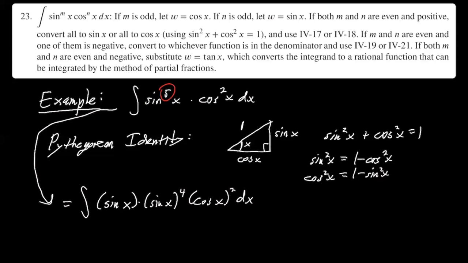And the idea is going to be that we can convert this sine to the fourth power, because it's an even power, all into cosines. So we're going to convert this term, sine to the fourth of x, into cosines.